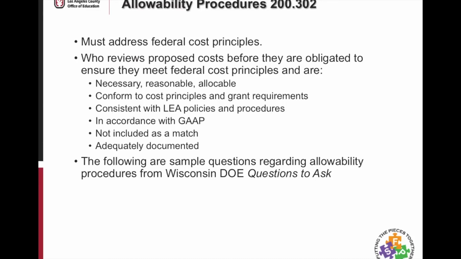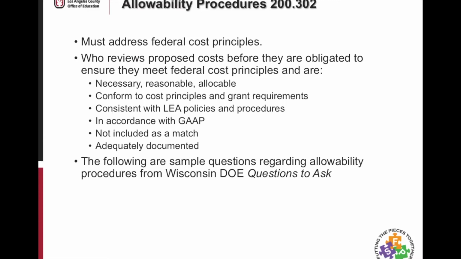First of all, your allowability procedures have to address the federal cost principles that we talked about yesterday: reasonable, necessary, allocable, treated consistently, all those things that are required as listed there. Who reviews your proposed costs to make sure they meet all the federal cost principles? And we said that's a first cut.